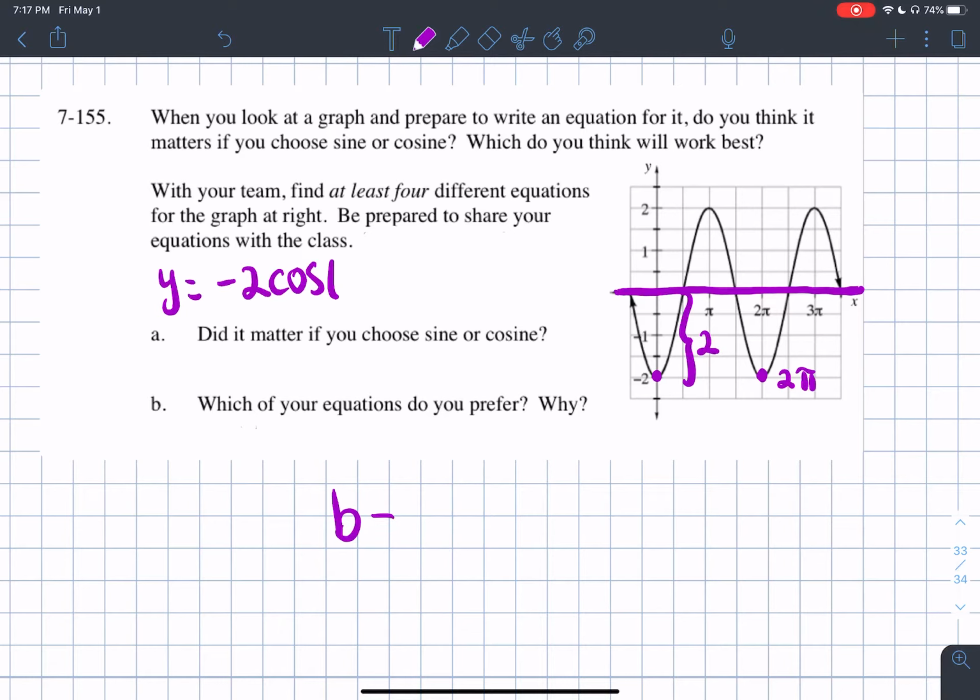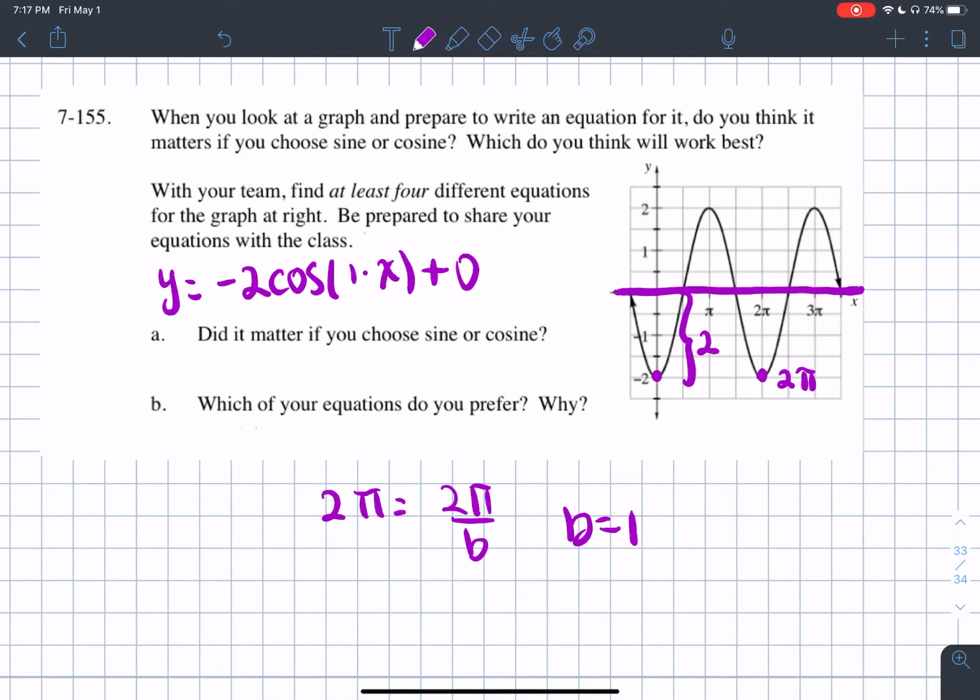My period, 2 pi, is equal to 2 pi over b. So b is 1 because 2 pi equals 2 pi. So that means b equals 1 times x. We're looking at it as if there's no shift, so 1 times x. And we're saying the midline is at 0, so plus 0. So this is one equation we could write for this graph.